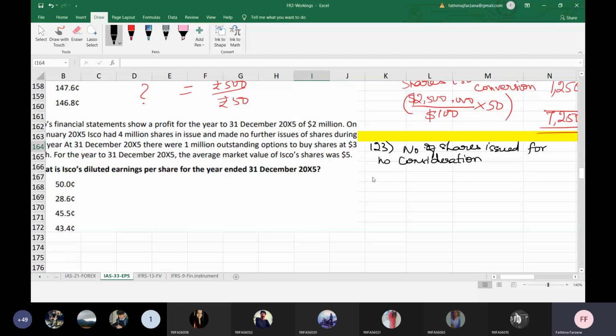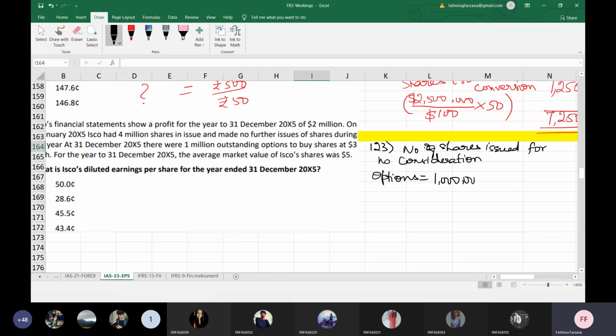So method 1. I'll do both methods. First I have to find out how many shares I can buy at the market price. So how many options do I have first of all? 1 million outstanding. So I have 1 million options.